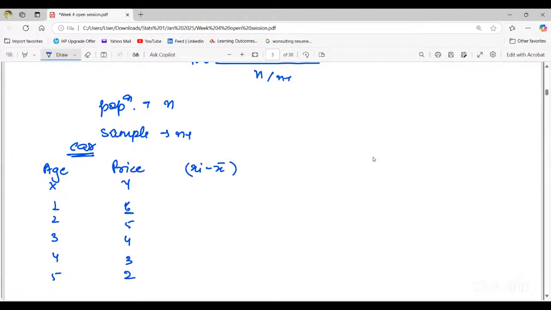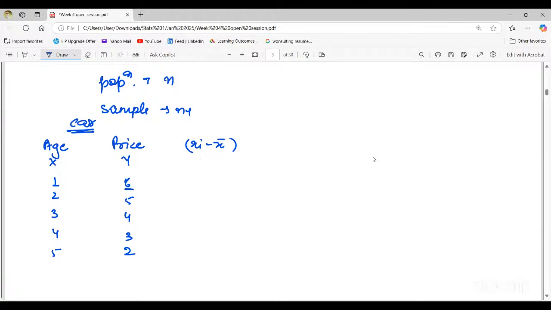So I have to calculate the mean of the x variable: 1 plus 2 plus 3 plus 4 plus 5 divided by 5. So my mean would be 3.